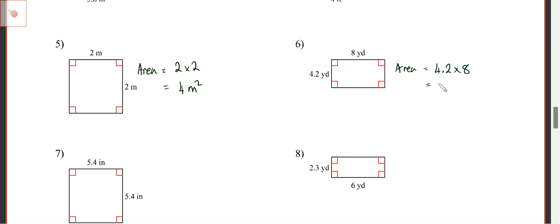The answer? 33.6, that's right. And it's square yards.